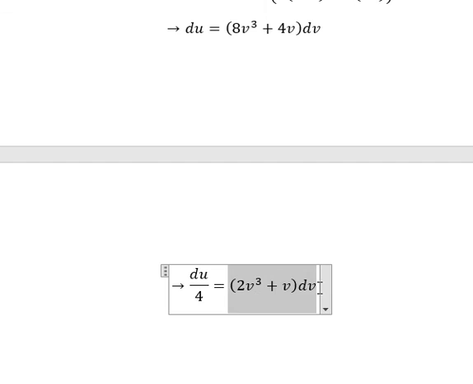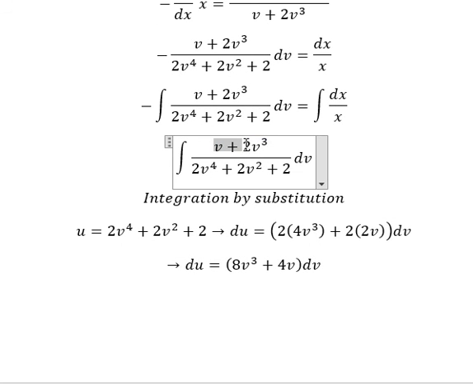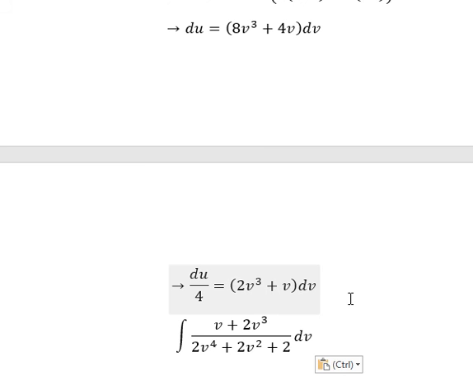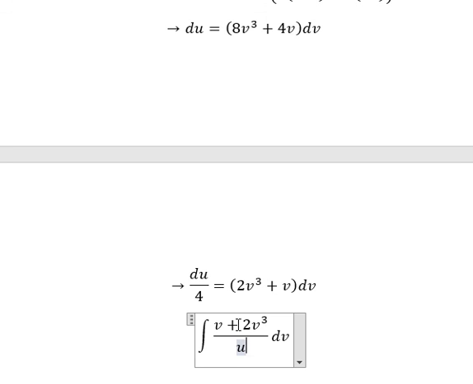And now we see that this one is similar to this one. This one in here we change by u. V plus 2v to the power of 3 dv, we change by u over number 4.